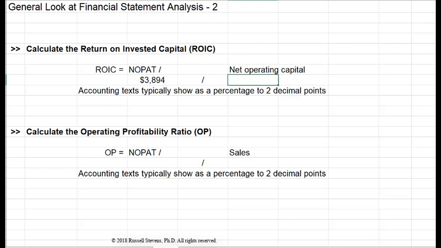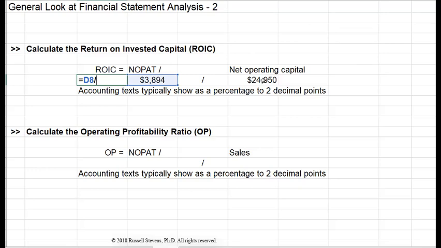Again from the prior video, the net operating capital is $24,950,000, but again, the trailing three zeros are left off. So 24950 is entered into the workbook box under net operating capital. To calculate the ROIC, an equal sign is typed into the box, the cell with 3894 is highlighted, a slash is typed, signifying division.